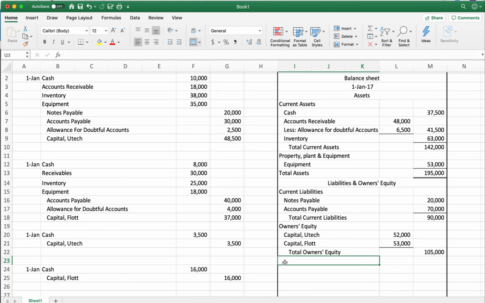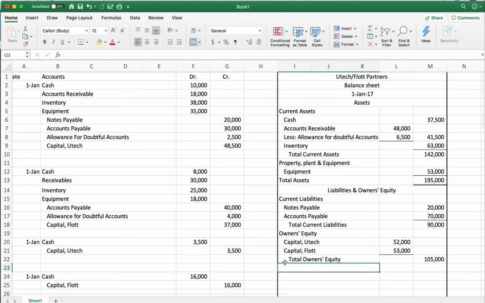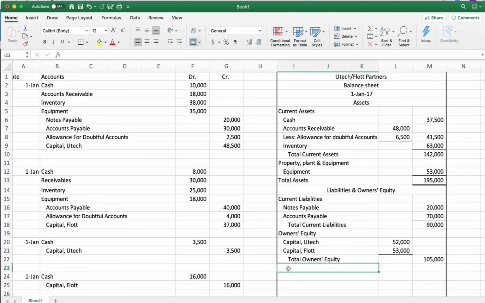Now, I need to total this section, meaning what are the total liabilities and owner's equity? Well, that's easy. Come underneath your total owner's equity row here. Make sure you're completely left aligned and type in total liabilities and owner's equity.